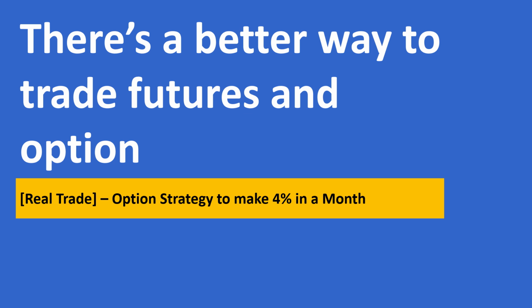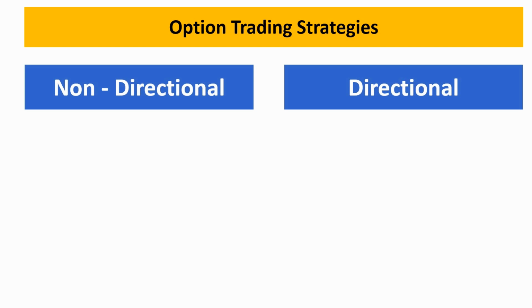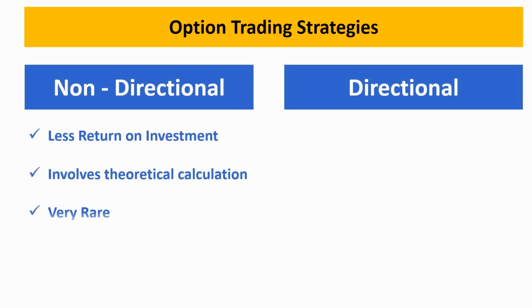So I'm sure you have to have some patience to understand what I'm really talking about as we move forward. Let me first introduce what is an option trading strategy, because there are strategies which can be done through directional as well as non-directional. Non-directional trading strategies are less returns oriented for the investment, and they involve theoretical calculations, and of course this is a very rare spot.